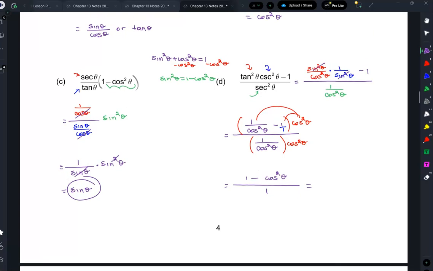Right, so now I have 1 and then a plus or minus and then a trig function squared, right? And look, I actually did this before in this previous problem. We said this was equal to sine squared theta. So this will just be sine squared theta over 1, which is nothing.